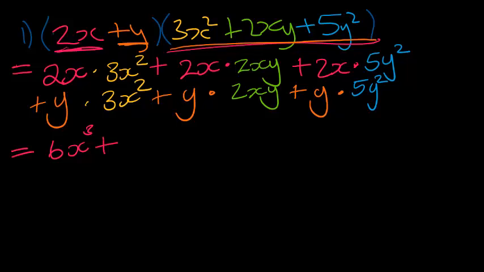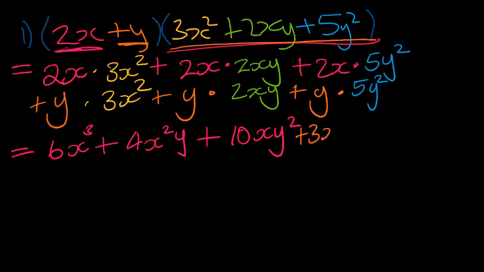Plus 2x times 2xy gives me 4x squared y, plus 2x times 5y squared gives me 10xy squared, plus y times 3x squared gives me 3x squared y, plus y times 2xy gives me 2xy squared, plus y times 5y squared gives me 5y cubed. I have got 6 terms, 3 pink ones from the first term of the binomial and 3 orange ones from the second term of the binomial.